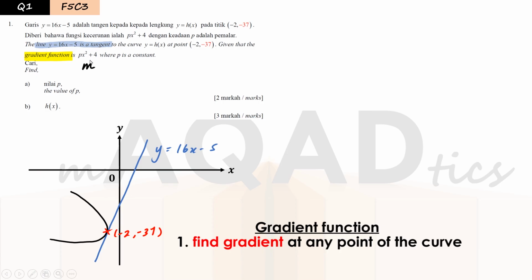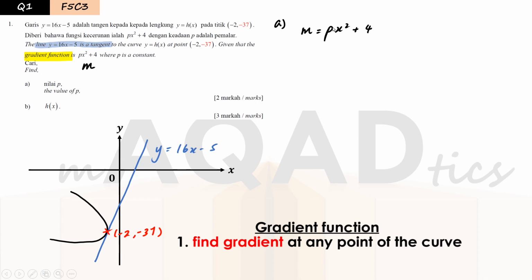In part A, we need to find the value of p, which is actually part of the gradient function here. Since we know that m is equal to px squared plus 4, we can just create an equation first. Now you can see that if we want to find the value of p, we need to find the value of x and m. For the value of x, we can use the x coordinate of this red point.